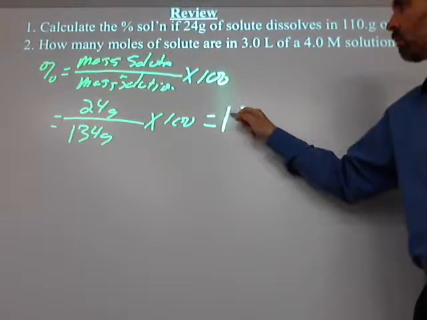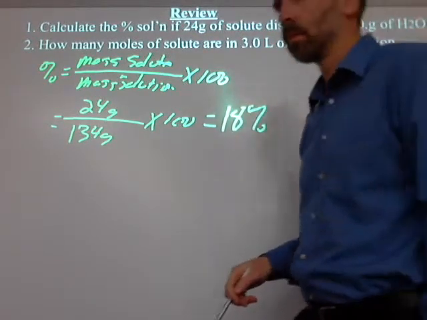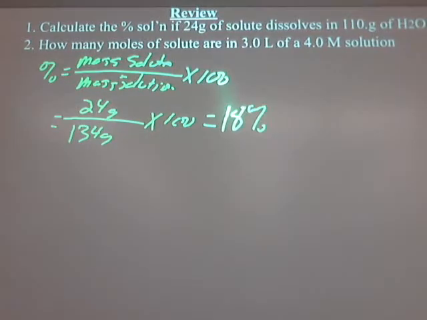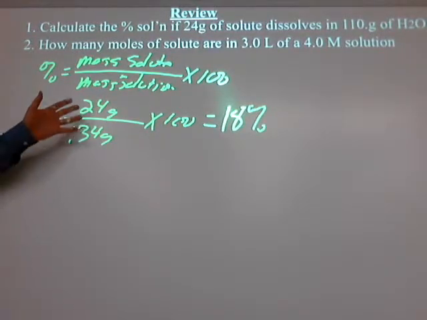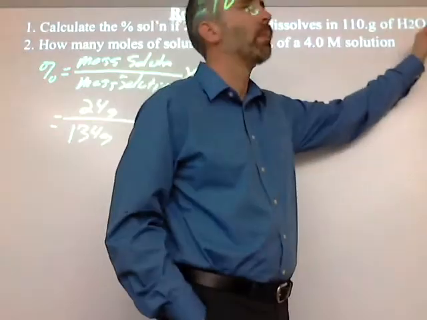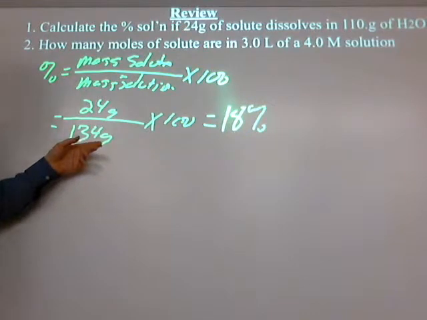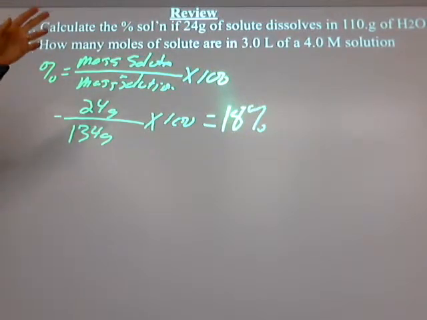Significant figures should be 2. It's about 18%, I think. 18%. All right. So there's your first one. I could have asked this question with one word different. If this said 110 grams of solution, you would have divided by 110 down here. You only divide by them added together because water is the solvent.